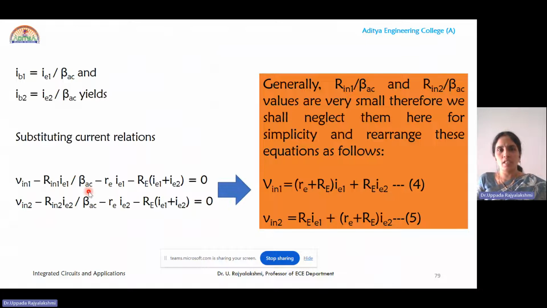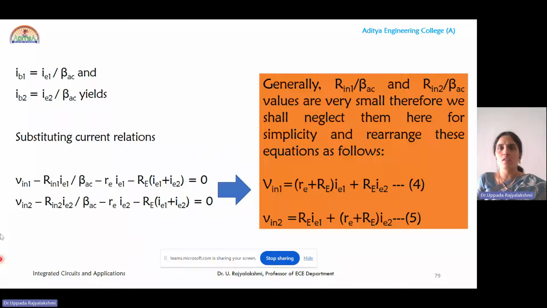This is Rin1 by beta. Beta is a high value, and if you take IE1 as common here, you will get small re plus capital RE plus Rin1 by beta AC. But Rin1 by beta AC is a very small value, so we are going to neglect Rin1 by beta AC and Rin2 by beta AC because the denominator is high.